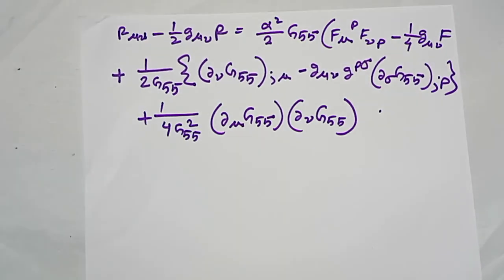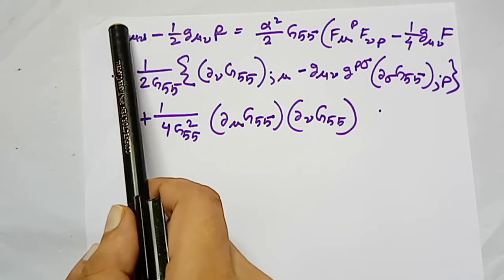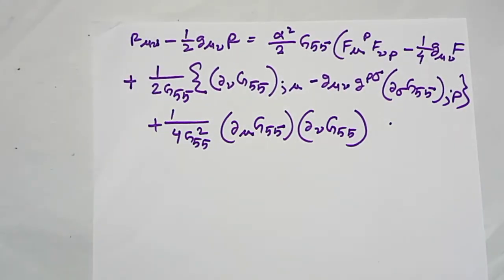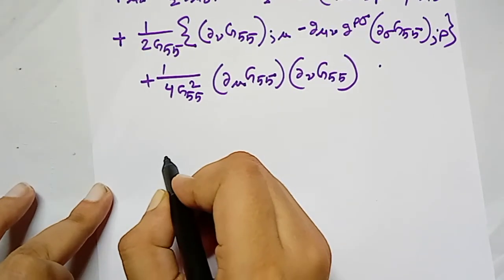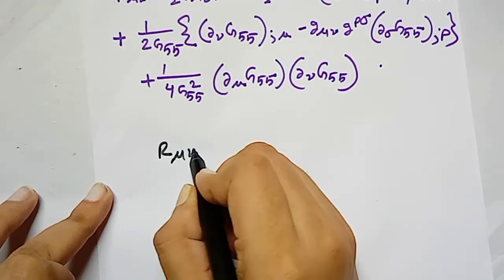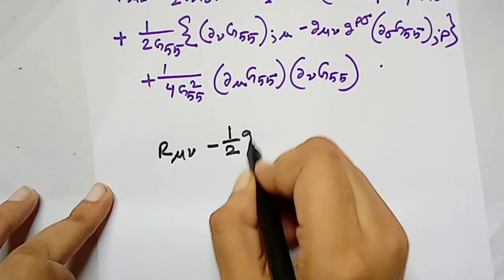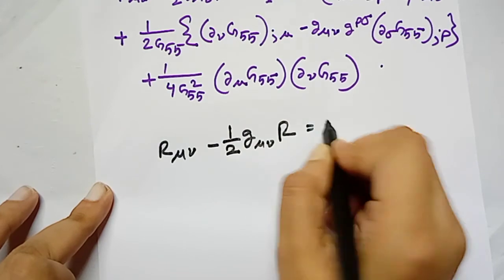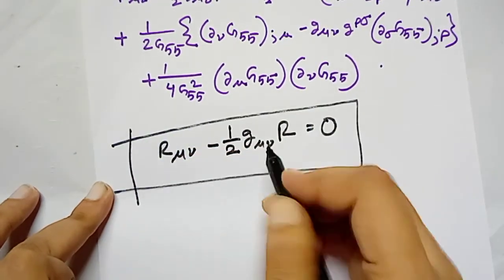Now for this 4-dimensional free space, this is equal to 0. For 4-dimensional, R mu nu minus half g mu nu R equal to 0.